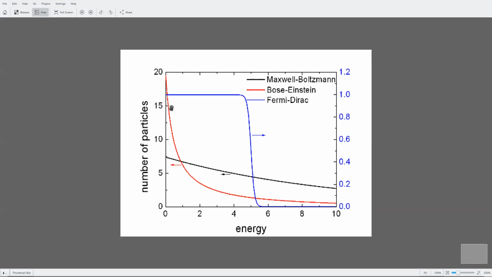For Fermi-Dirac, because of the degeneracy, you cannot have more than two particles for each state in phase space, meaning position and momentum. So when all the other characteristics are given, you can have just two particles for these energy properties.